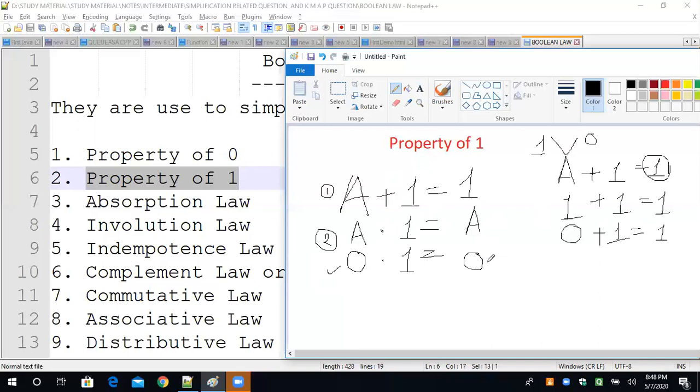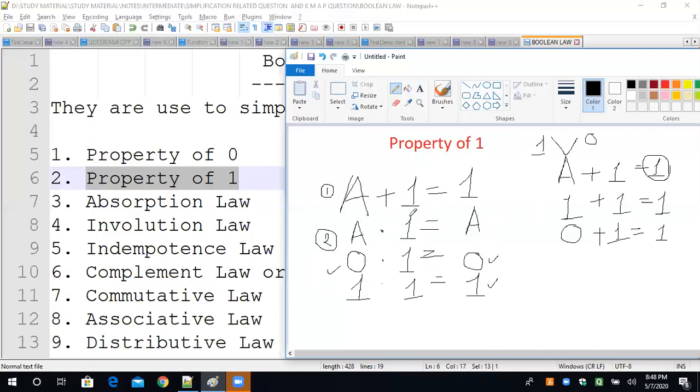Suppose I have taken 0, so 0 output is coming. Now I am changing my value, 1 dot 1. So 1 dot 1 multiplies and produces 1. So here I am getting 1 because I have taken the value of a as 1, and there I am getting 0 because I have taken the value 0. So whatever value I take, the same output we will receive.